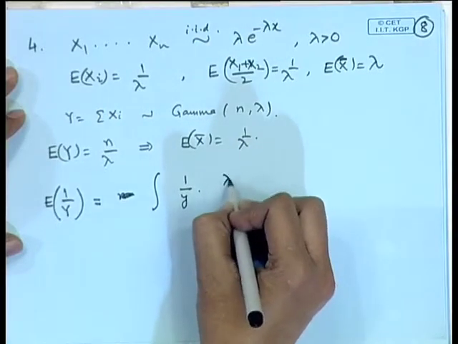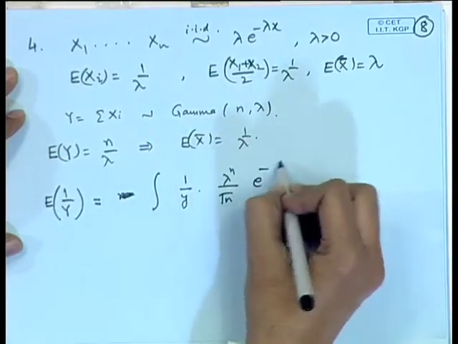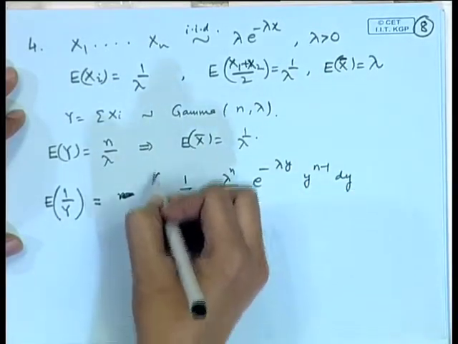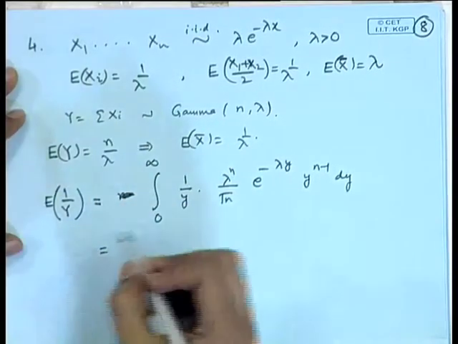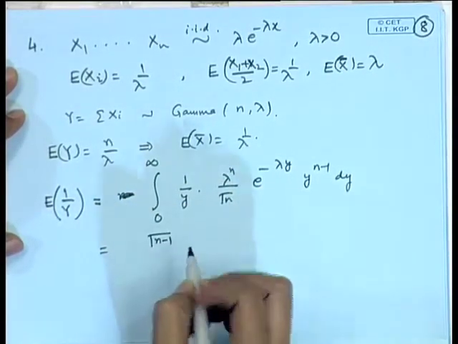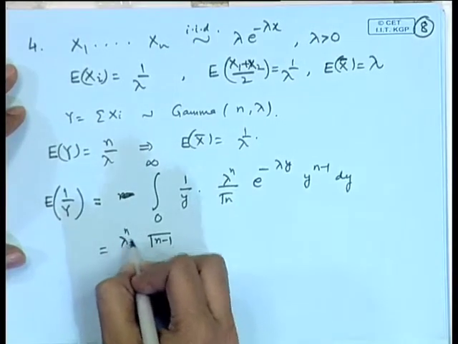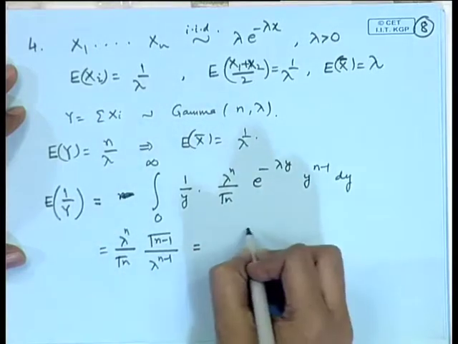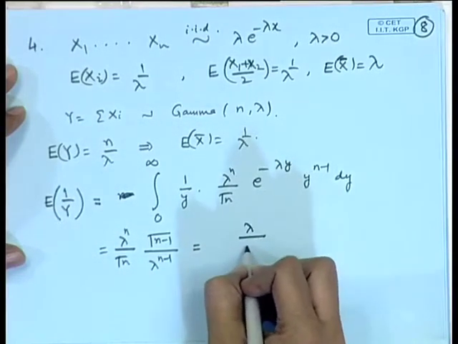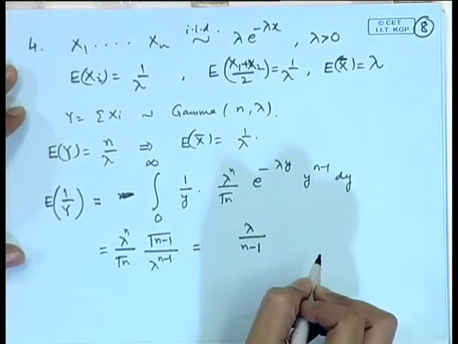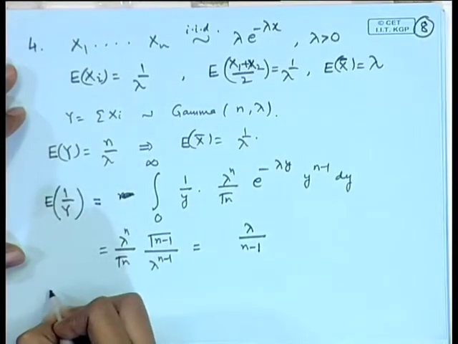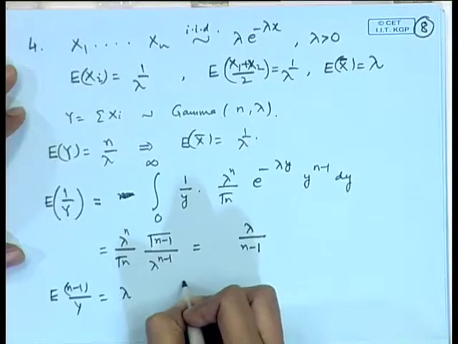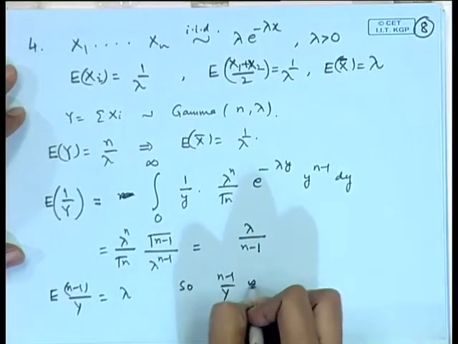So, we can write it as lambda to the power n by gamma n e to the power minus lambda y, y to the power n minus 1 dy from 0 to infinity, which is equal to gamma n minus 1 lambda to the power n by gamma n divided by lambda to the power n minus 1, that is equal to lambda by n minus 1. So, we get that the expectation of n minus 1 by y is equal to lambda. So, n minus 1 by y is unbiased.